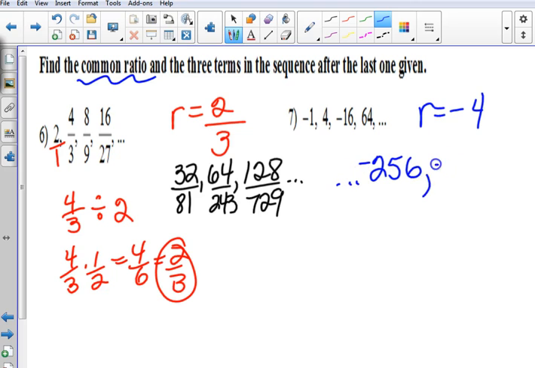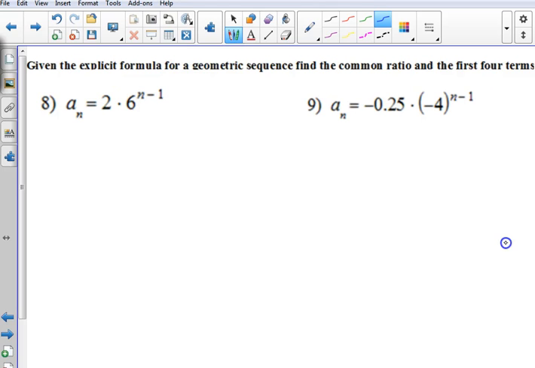Times negative 4 is positive 1024 maybe. Negative 4096. How did I do? Okay. Probably. Close enough. All right.